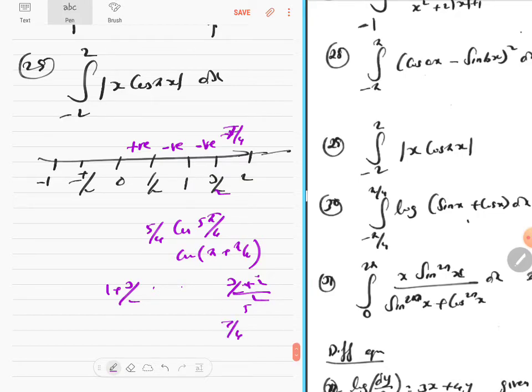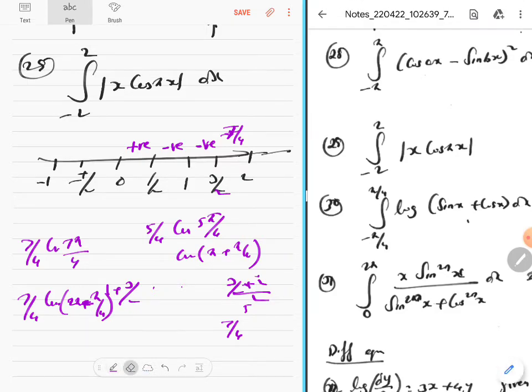Give that as an example, 7 by 4 into cos 7 pi by 4. I write it as 2 pi minus pi by 4, 2 pi minus means fourth quadrant, cos is positive, so you know this is positive.